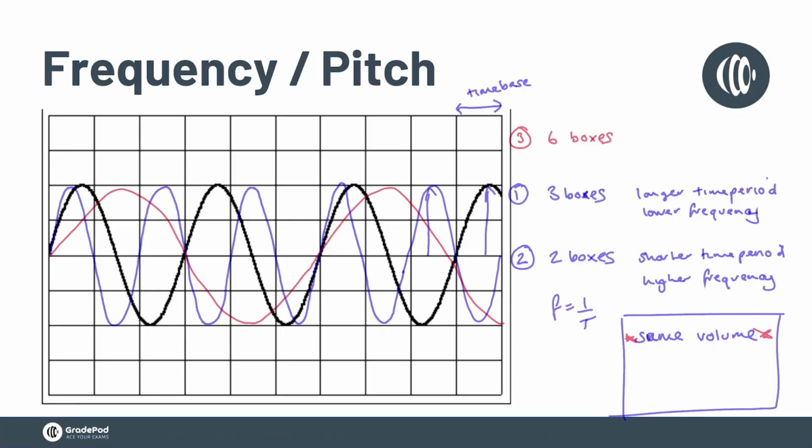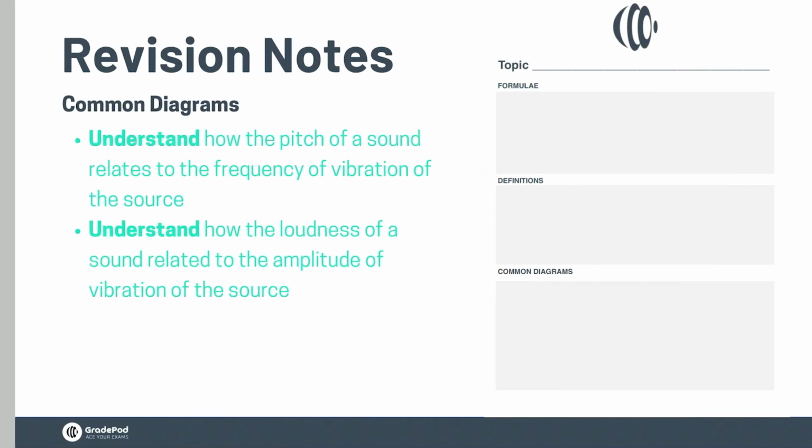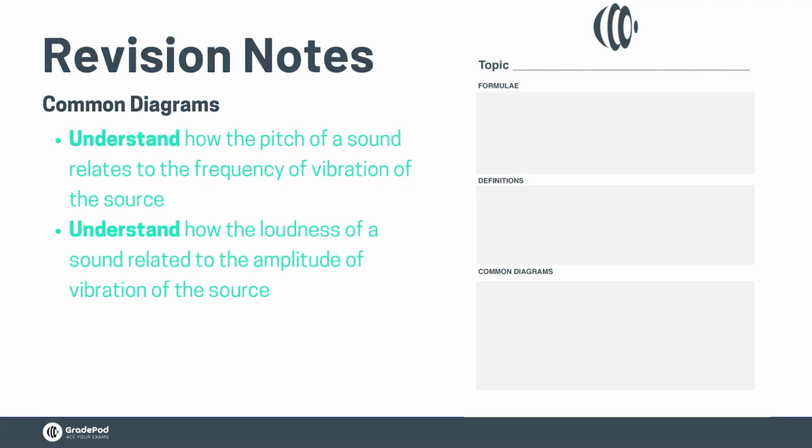Now, what would that mean if you actually had to draw it? So we go to our revision notes and we go to common diagrams, and I would like you to draw something like this. Let's do loudness.